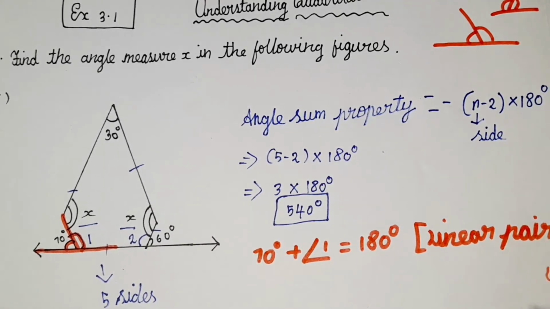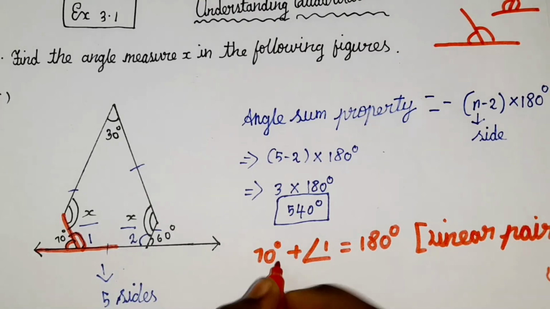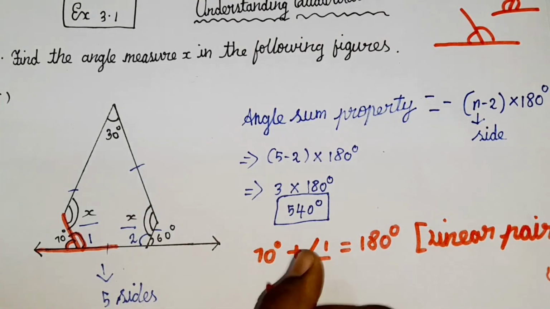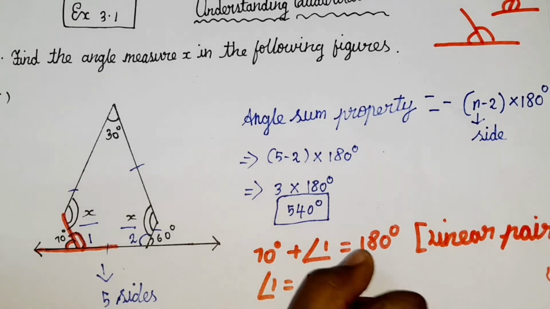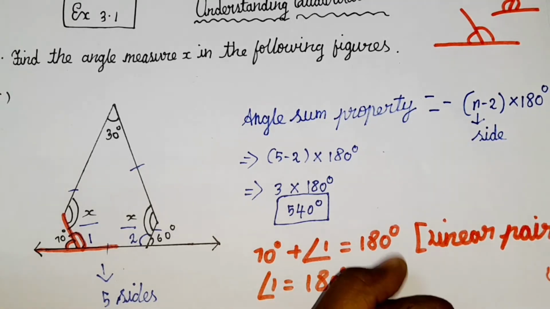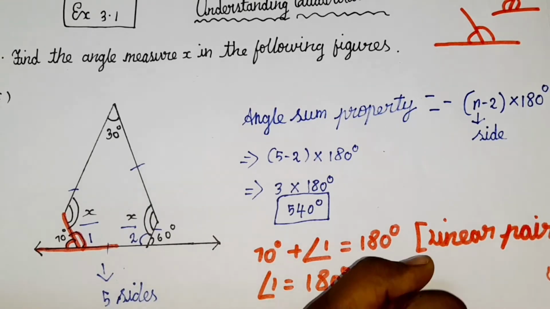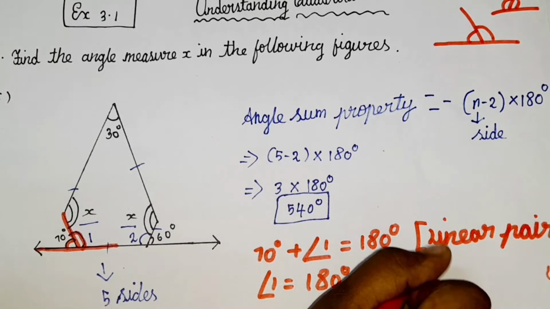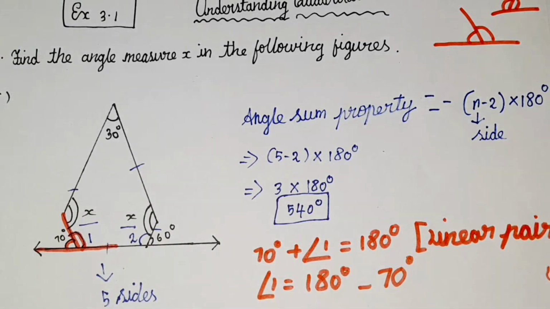Now we should solve this. When we have 70 here, if it goes to the other side, what will happen? Angle 1 is equal to 180 degrees minus 70 degrees. Why minus 70? Because when plus goes to the other side, it becomes minus.